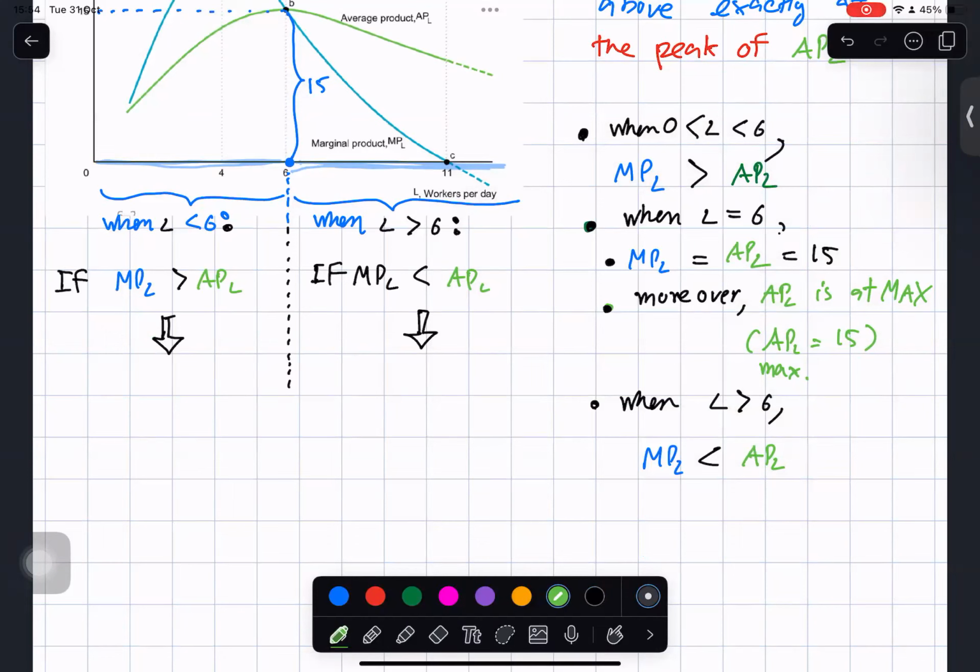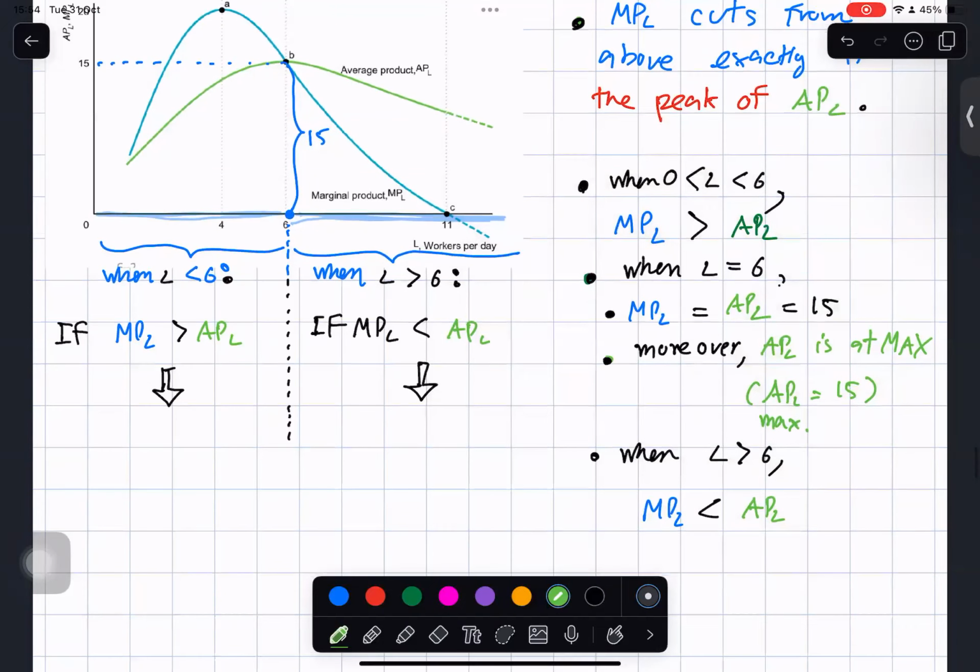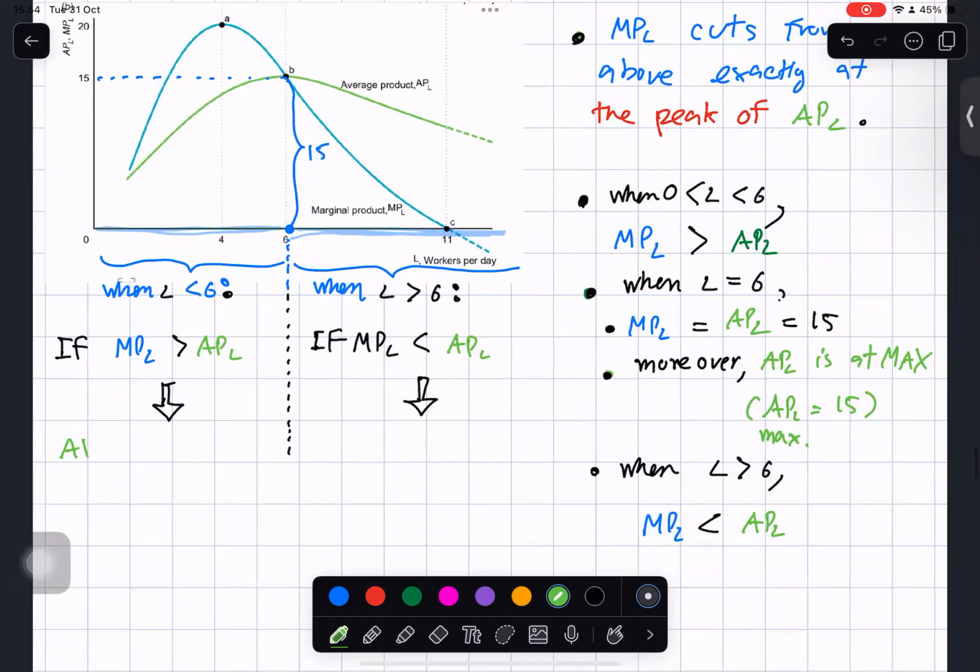If marginal is higher than average, average product will be rising, uphill.